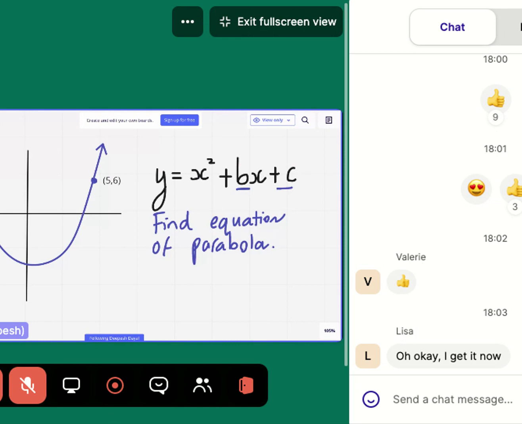You can type your answer for your B and your C in the chat if you're done, right? So I know where you're at. Just type your answer for B and C once you're done.